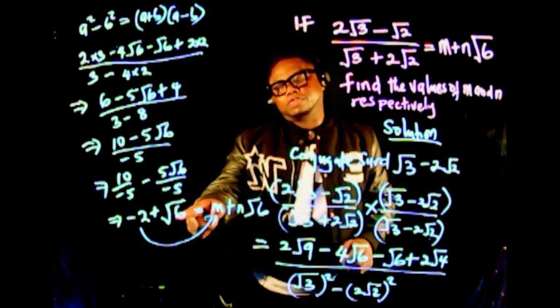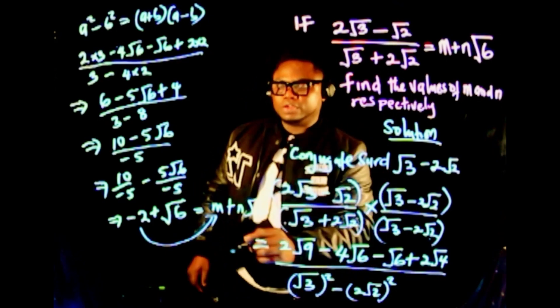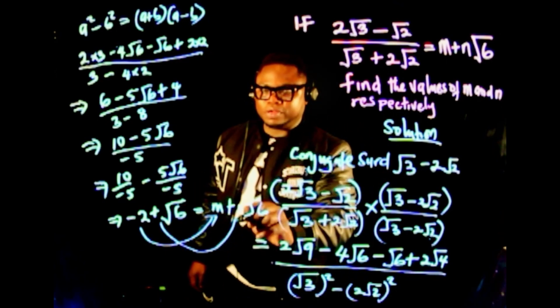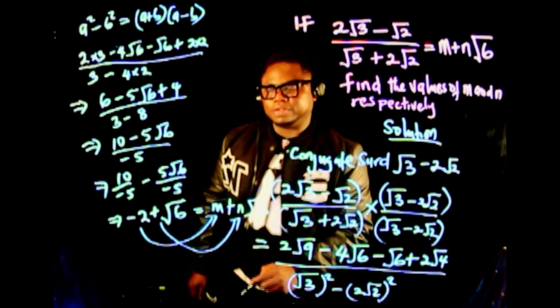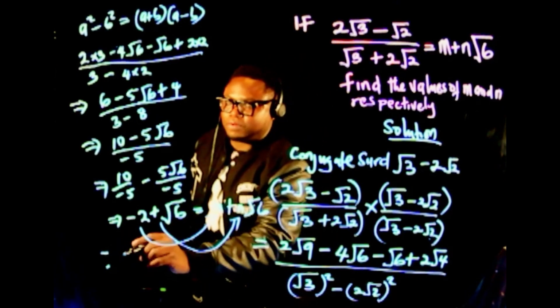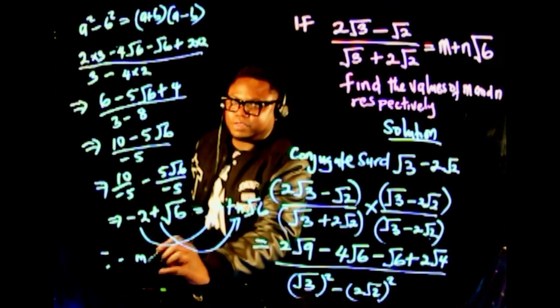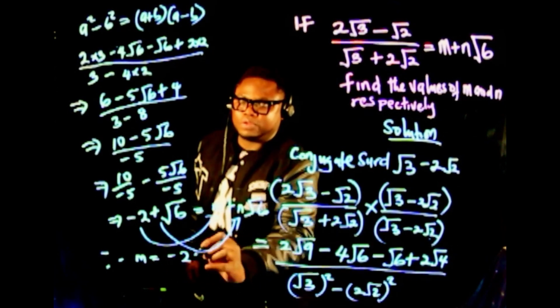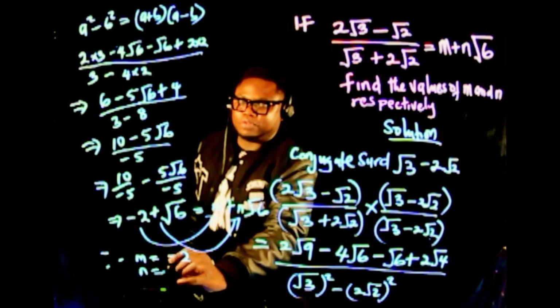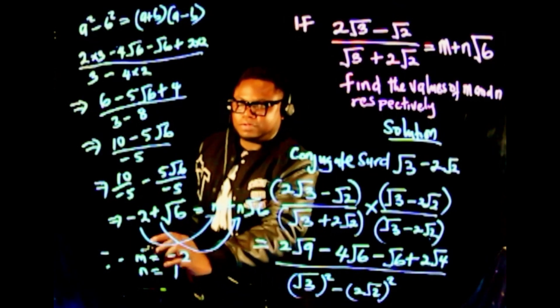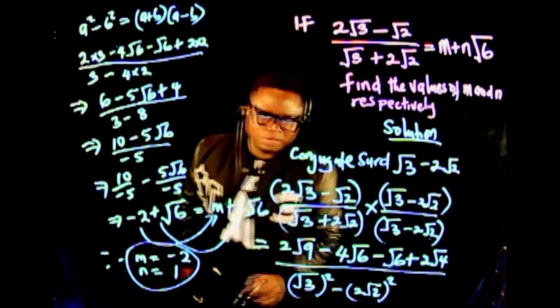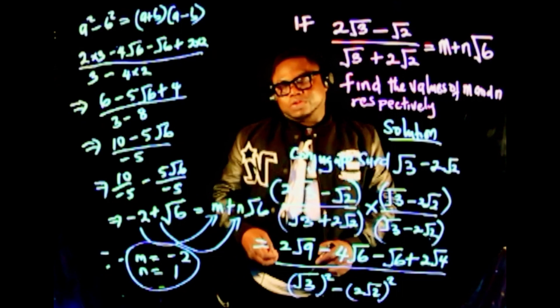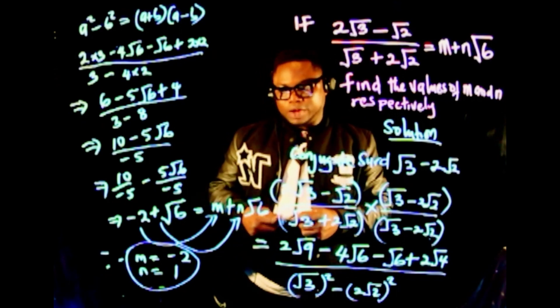Remember I said that the coefficient of root 6 here is 1. So it means that 1 is going to be the value of n. So therefore, m is equal to minus 2, n is equal to 1. So minus 2 is the value of m, and 1 is the value of n.